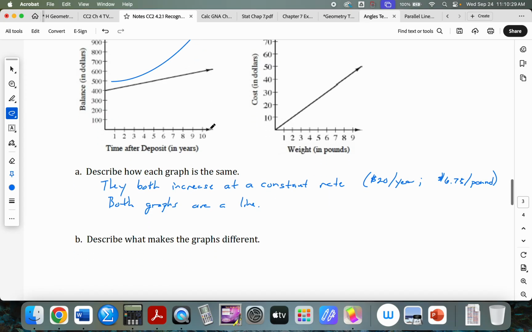Gustavo's starts at 400, while Sonia's starts at 0.